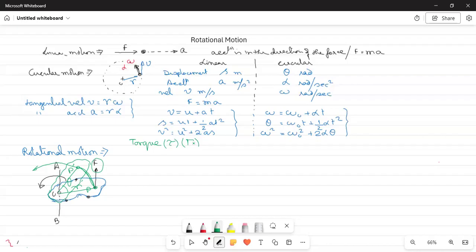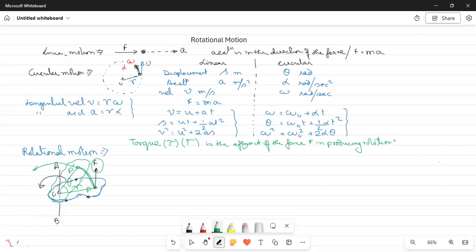Now, what is torque? Torque is the effect of the force, the after effect of the force in rotation, in literary terms.